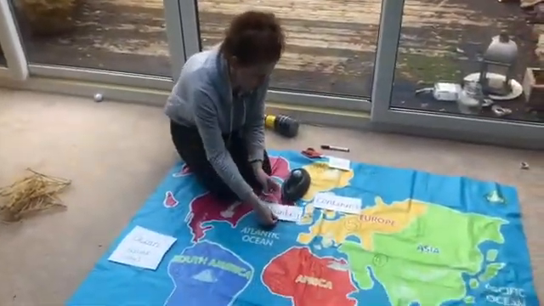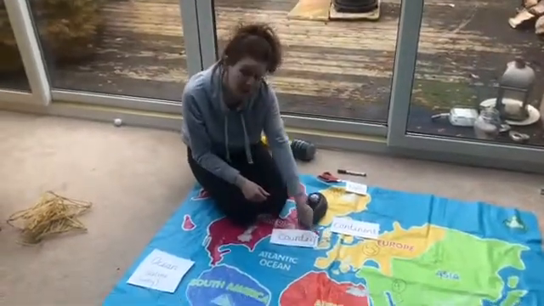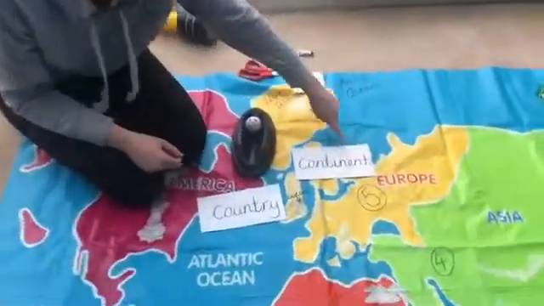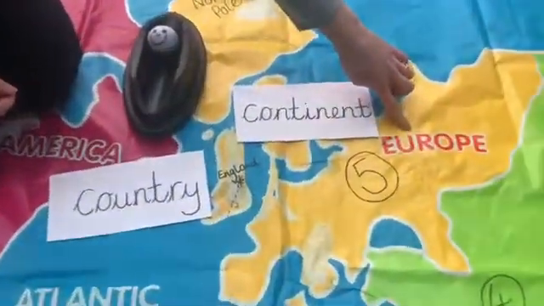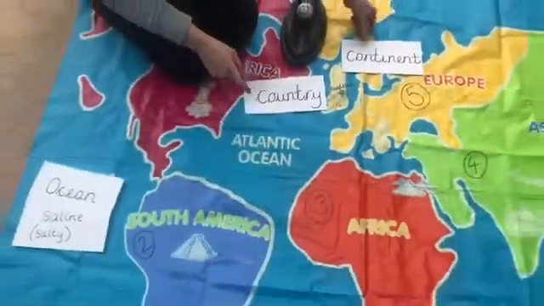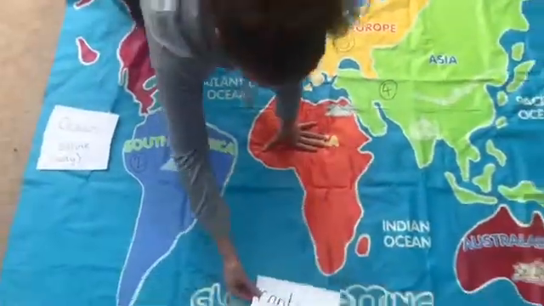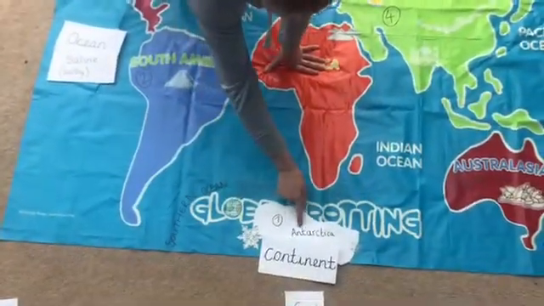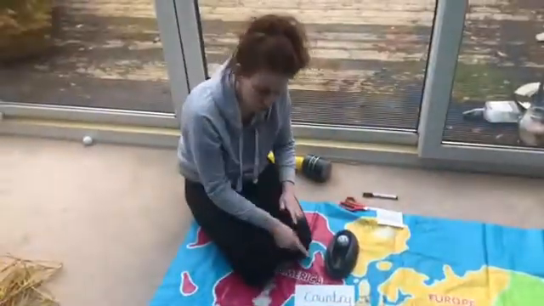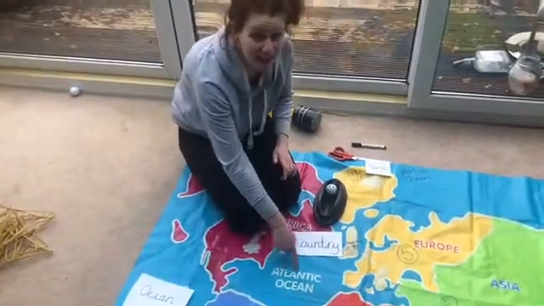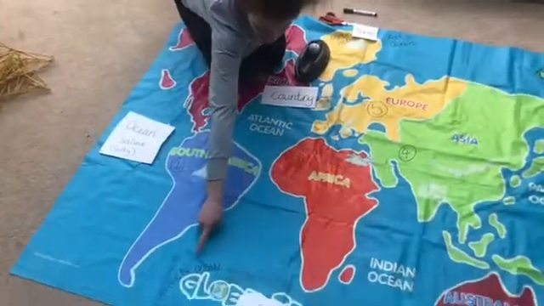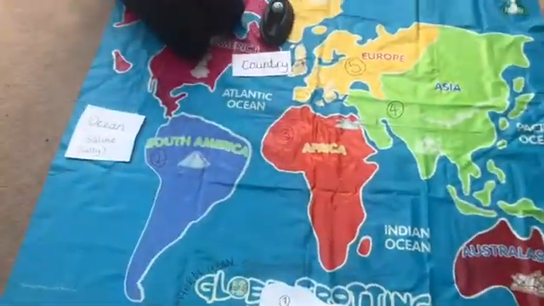So we're going to start off in England, which is a country, and England is on the continent Europe. And we're going to travel south to another continent, which is Antarctica. Okay, and we're going to travel through the Atlantic Ocean down towards the Southern Ocean where Antarctica is.